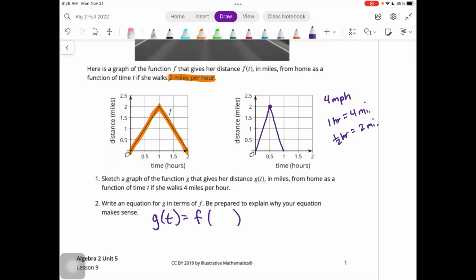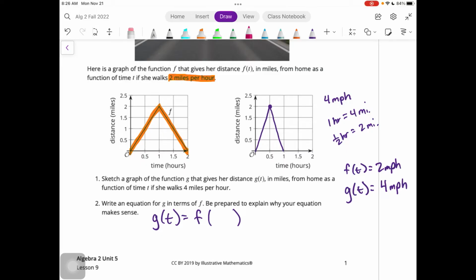All right, and so keep in mind that her time is essentially cut in half. So she's doubling the output when she's walking faster. So if f of t is equal to 2 miles per hour and g of t is equal to 4 miles per hour, what have we done to the f of t?